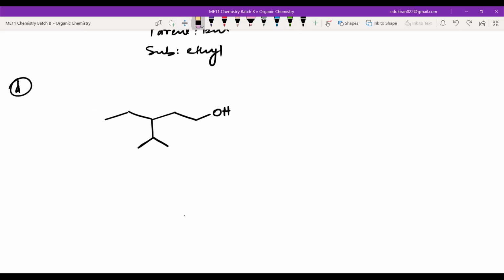Wait, sorry. Try this question. You have to tell me the functional group is ol. The unsaturation is en. You have to tell me the parent. And if there is any substituent, please tell me about the substituent. So these two things you have to tell me, parent and substituent.